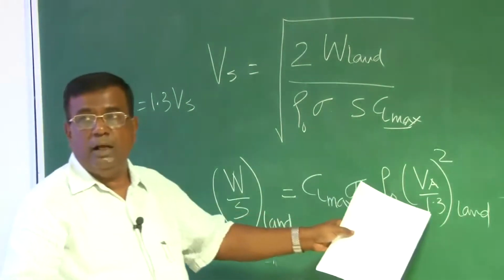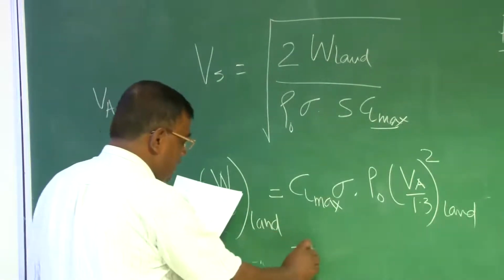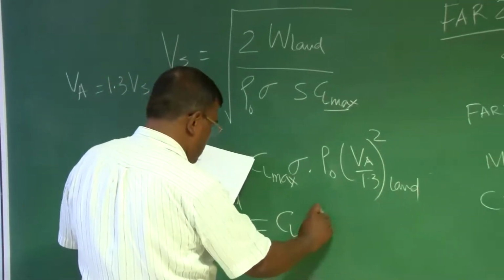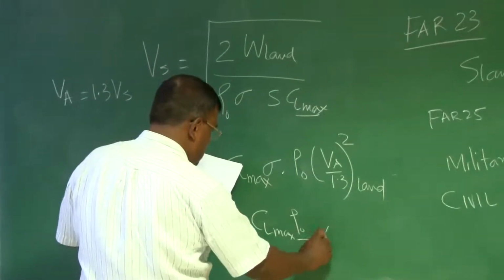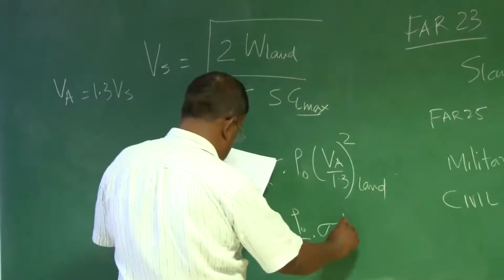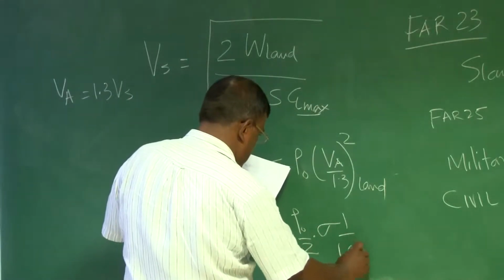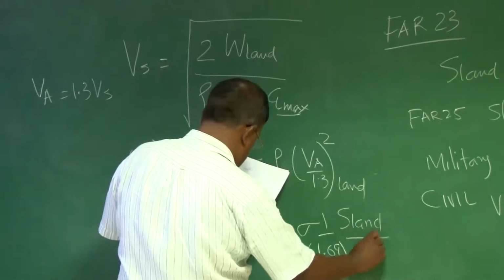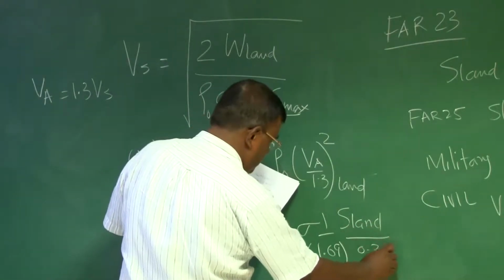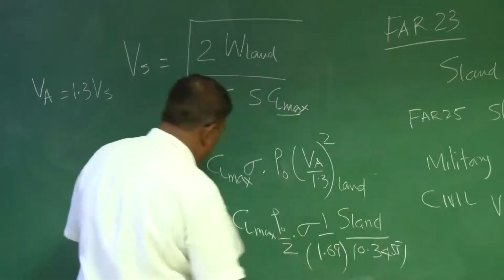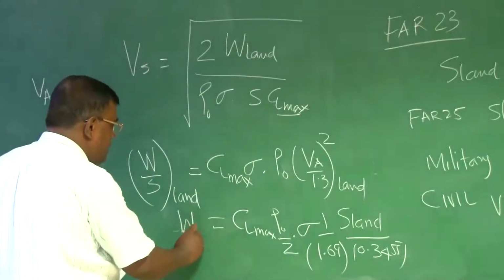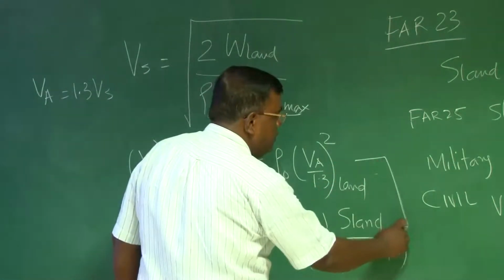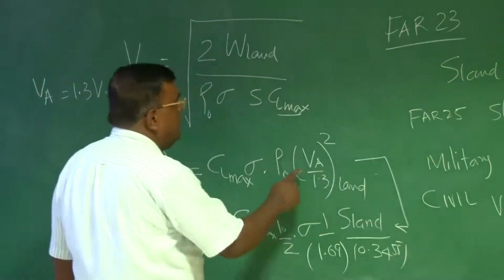So that has been done here. So if I further simplify it, it will become CL max into rho naught by 2 into sigma by 0.69, then S land by 0.3455. So this will be W by S landing. I hope you have understood how we have come from here to here.